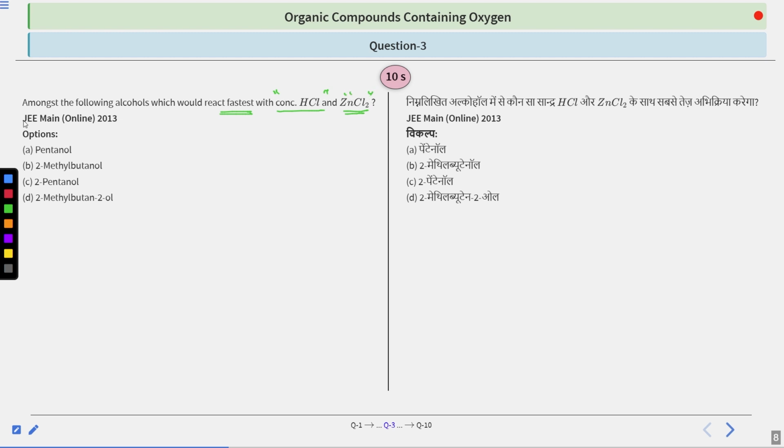This question came in JEE Mains in online mode in 2013. Options are pentanol, 2-methylbutanol, 2-pentanol, or 2-methylbutane-2-ol. You have some time to think about this question. After that, we will see the answer.